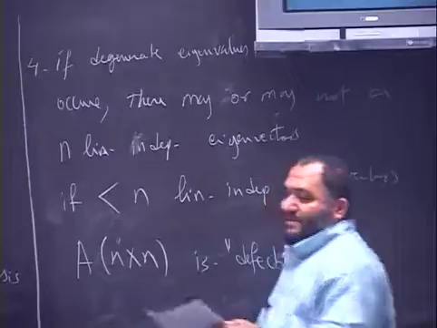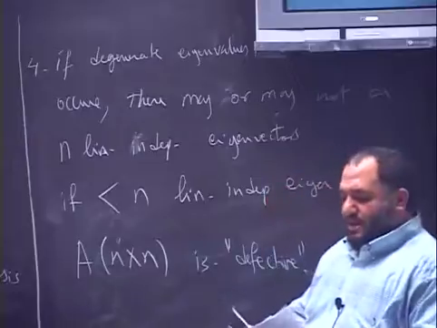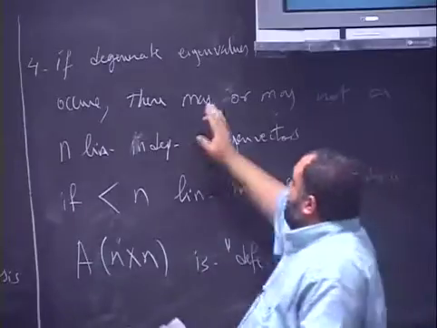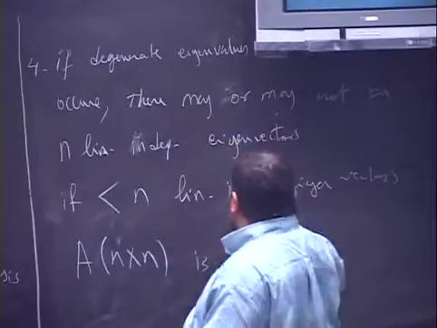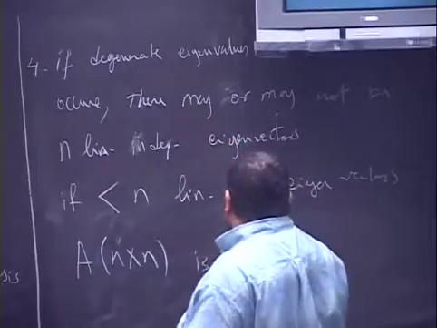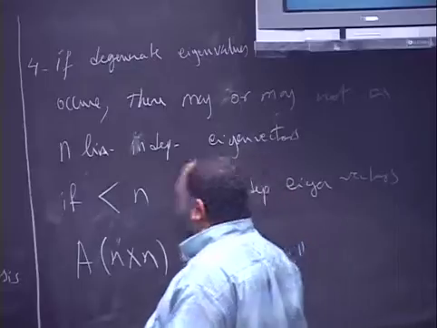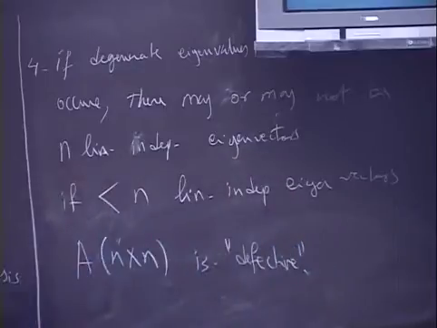So if you have a matrix A n by n and you have fewer than n linearly independent eigenvectors, in this case we'll call the matrix defective.